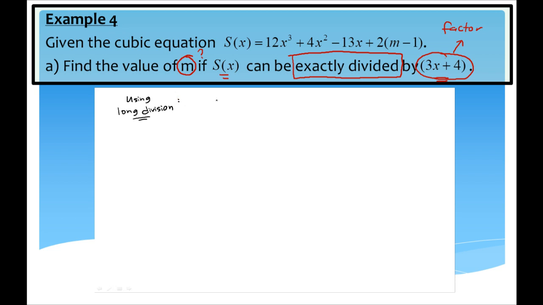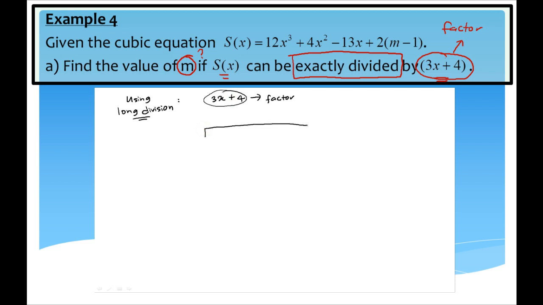To use long division, first we need to know the divisor, the pembahagi. As I told you just now, 3x plus 4 is our factor because exactly divided. So this is our divisor.